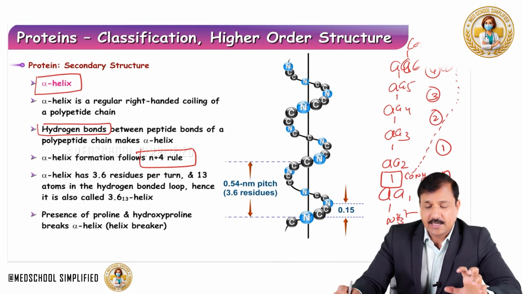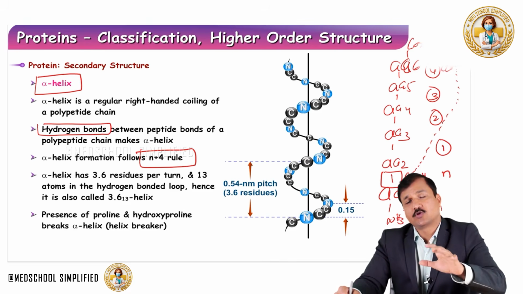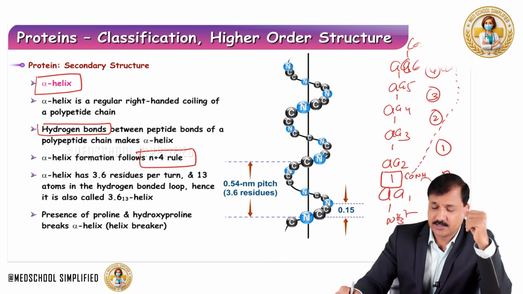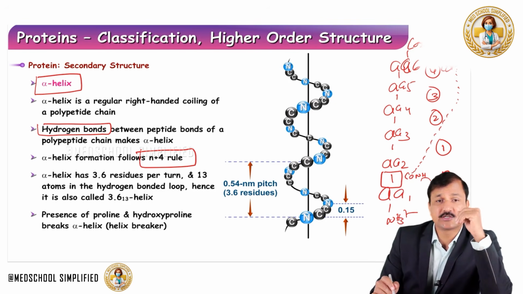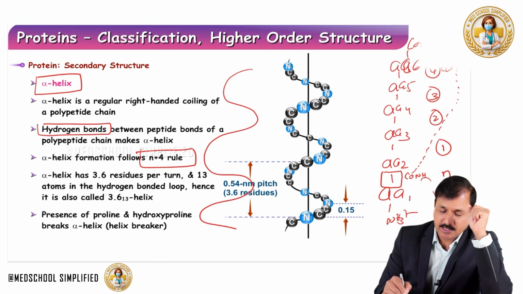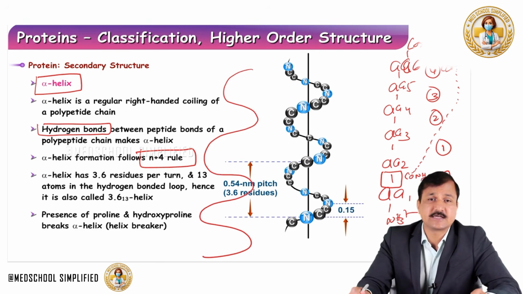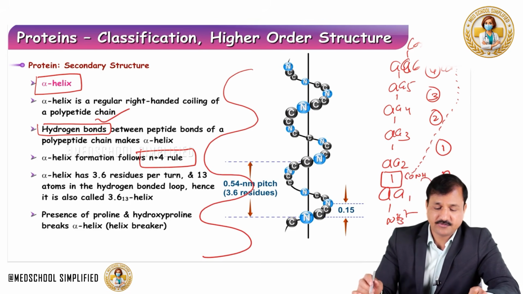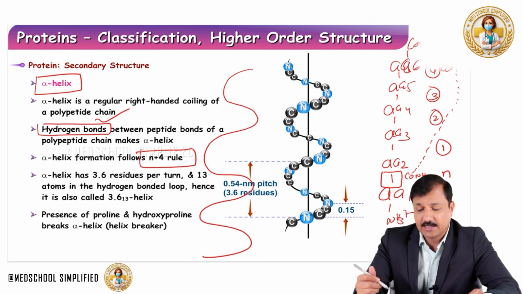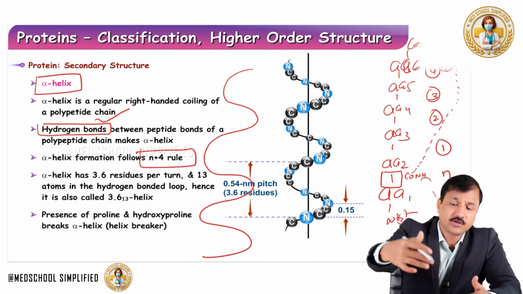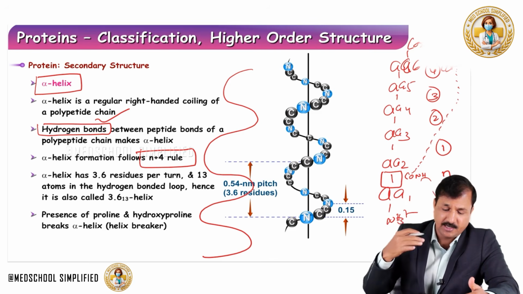So like this, based on the N+4 rule, there can be numerous hydrogen bond formations between the peptide bonds, and that will give rise to a certain shape to a polypeptide chain, and whatever shape it assumes is what is referred to as the alpha helix of a protein molecule. Remember that. So alpha helix formation is because of hydrogen bond formation, and the rule that it follows is the N+4 rule. That means the nth peptide bond is going to make a hydrogen bond with the fourth peptide bond which is ahead of it or behind it.